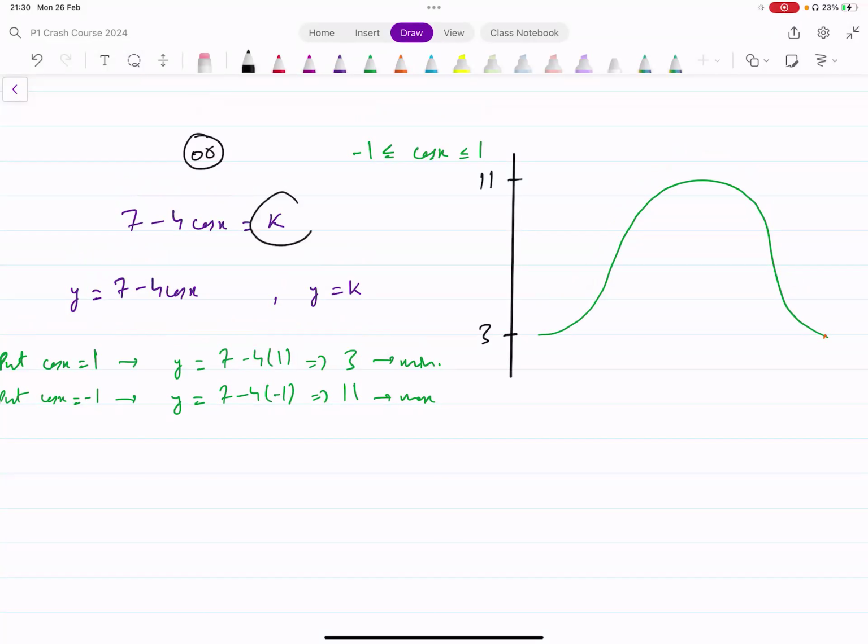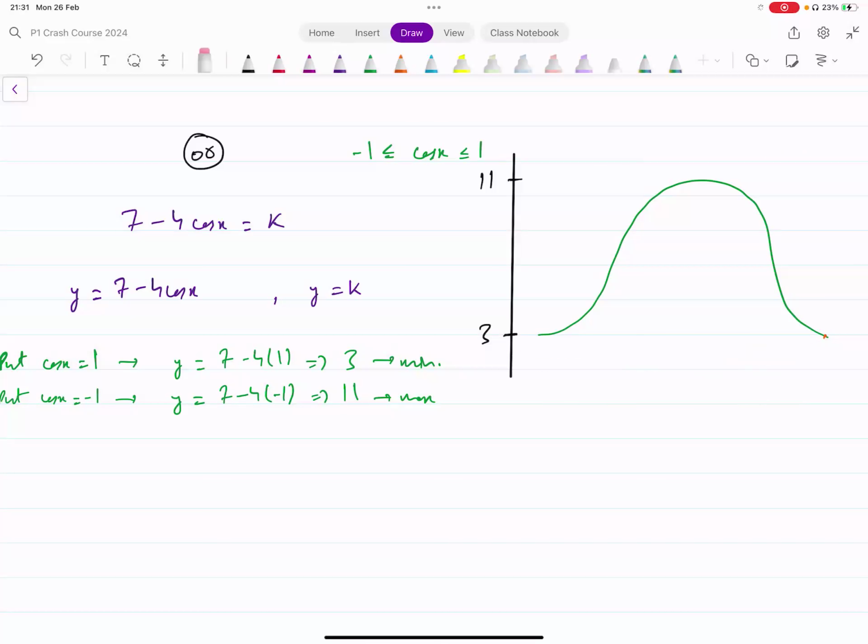Now, if you have a line y equals k, when is that line not going to intersect this graph? It's not going to intersect this graph if it's a horizontal line above 11 here, or a horizontal line below 3.